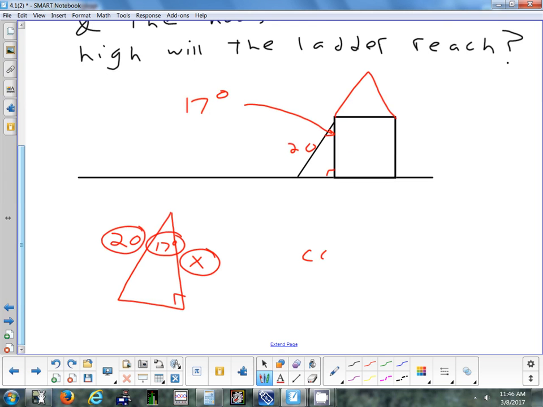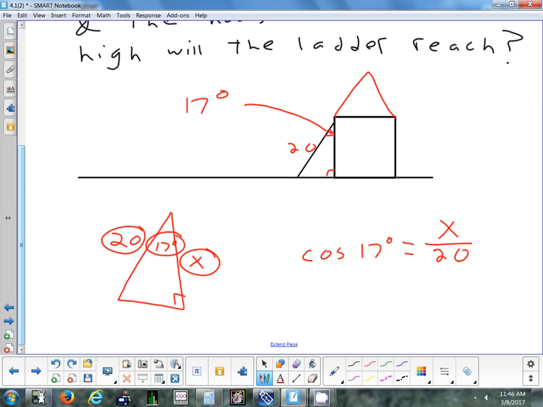Yeah, we're going to use cosine. So the cosine of 17 equals adjacent over hypotenuse. The adjacent is x, and the hypotenuse is the length of my ladder. Okay, so my last step, get x by itself.